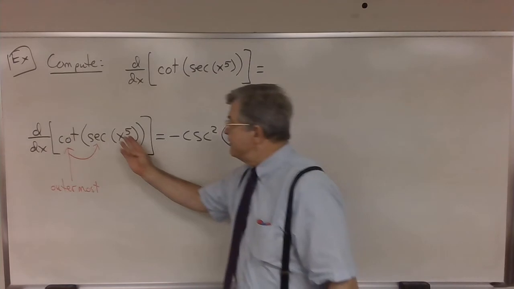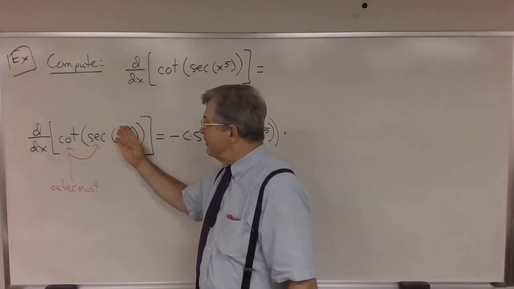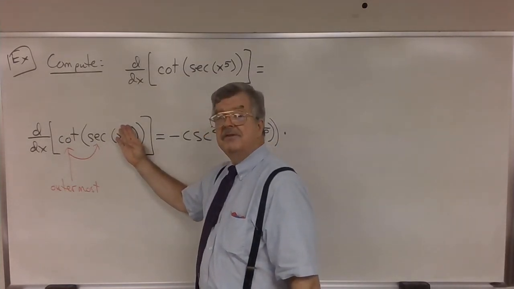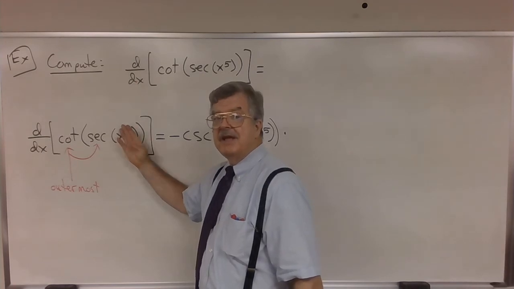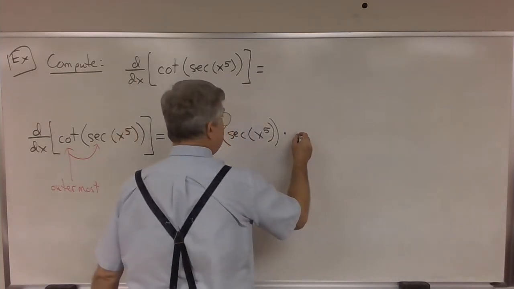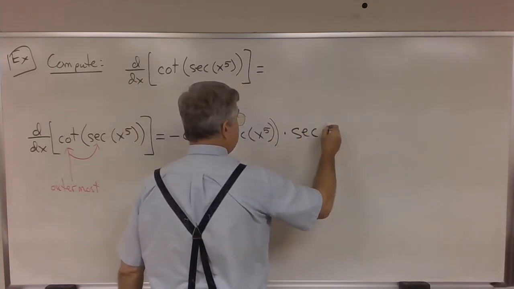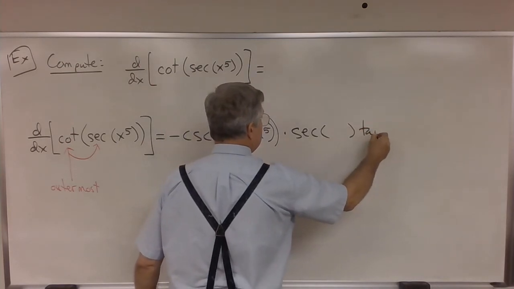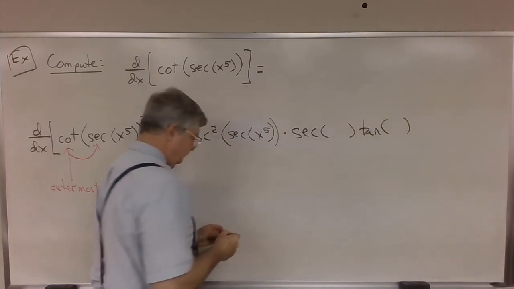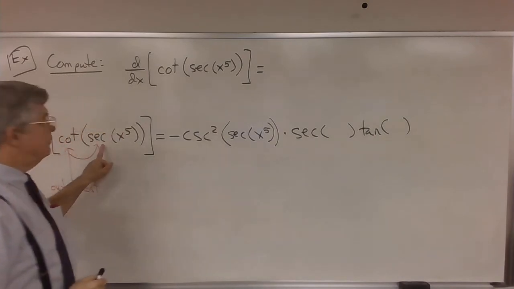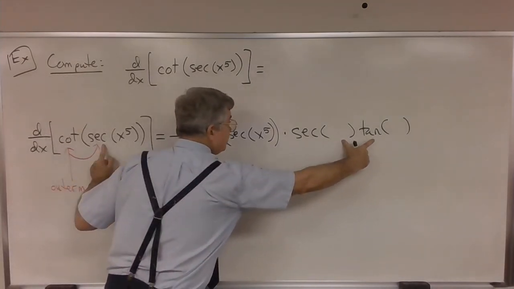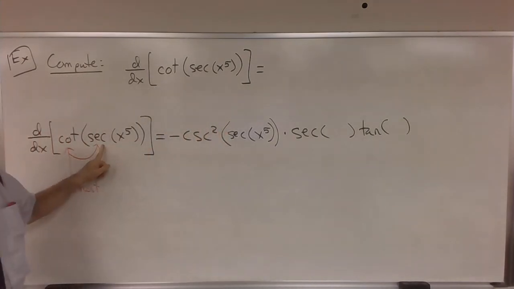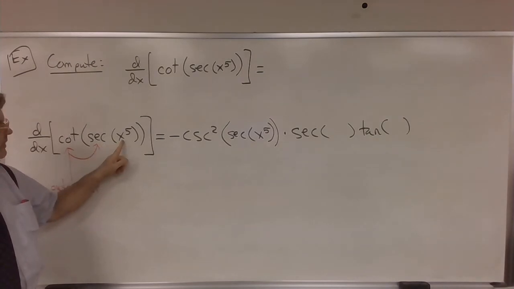So the derivative of secant evaluated at something is secant of something times tangent of something. So here's the derivative of secant of something, and it has to be evaluated at everything inside of secant.